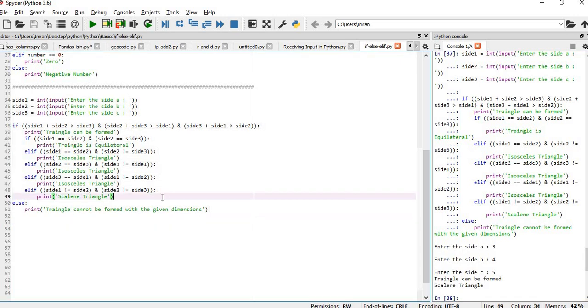We have seen that this triangle can be formed, but we can also know what is the right angle triangle. A right angle triangle is where the sum of the squares of the two sides is equal to the square of the third side.